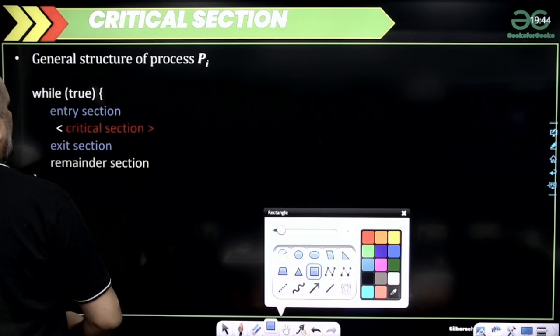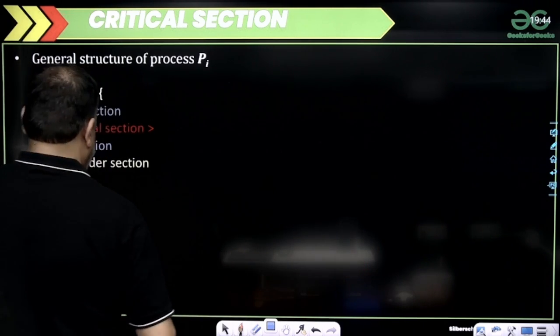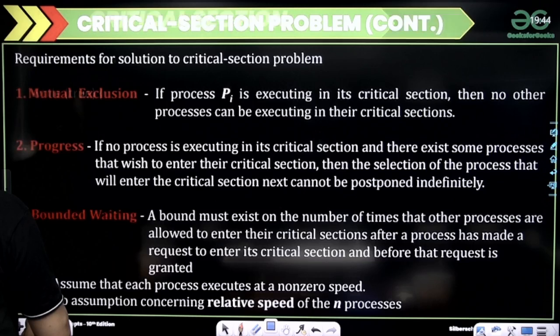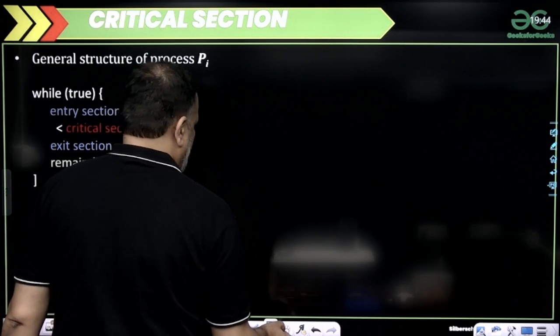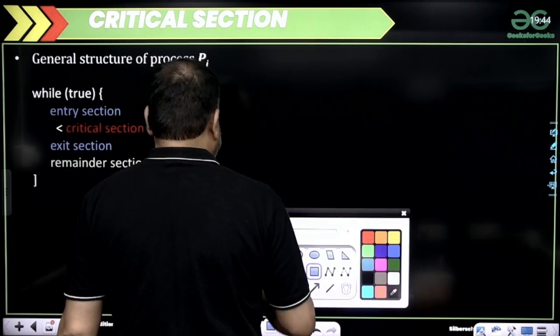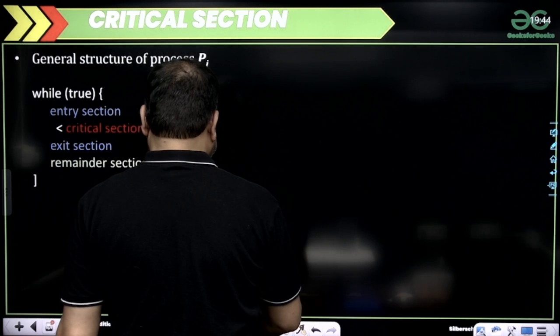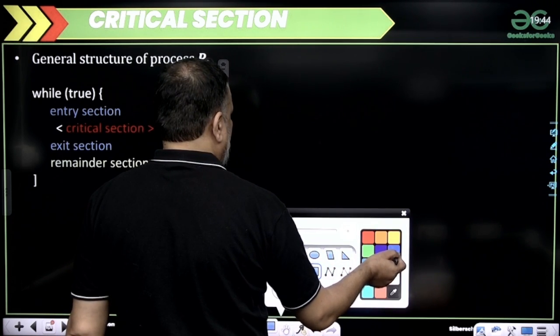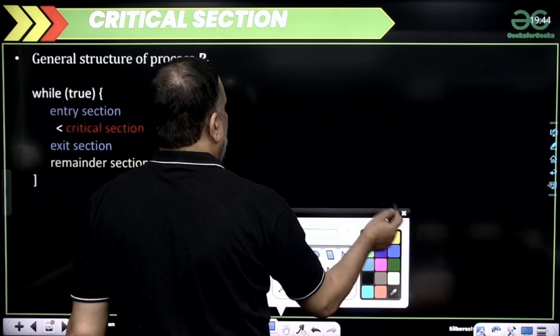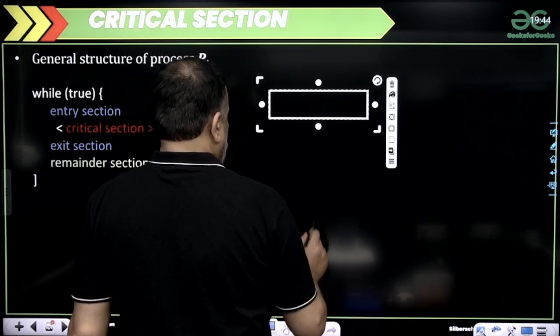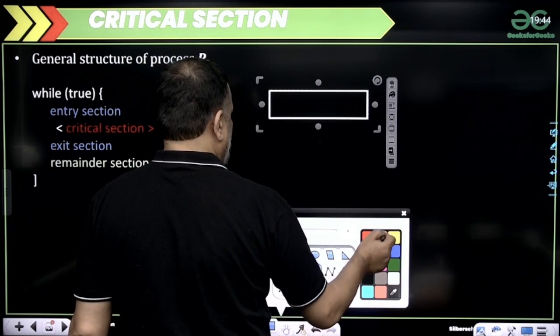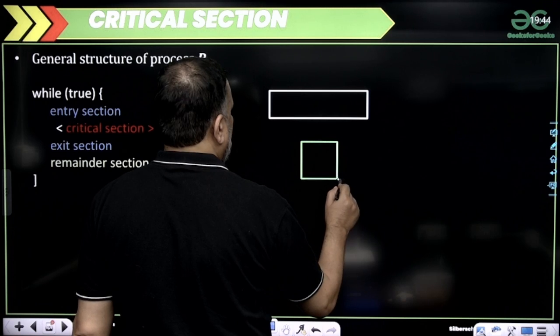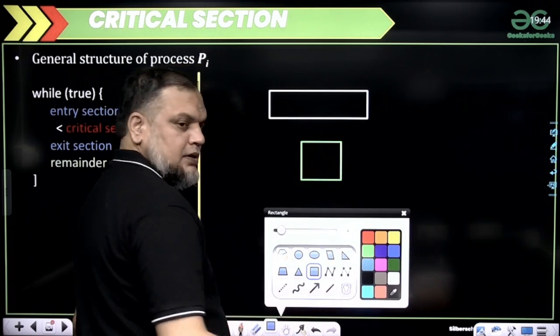Or maybe another diagram is there. Let me check. Okay. So in another diagrammatic form, we can show it something like this. Then I will talk about it. The generic or abstract view of the synchronization mechanism I will exhibit here. So this is the entry section, and imagine this is the critical section, and this is the exit section.